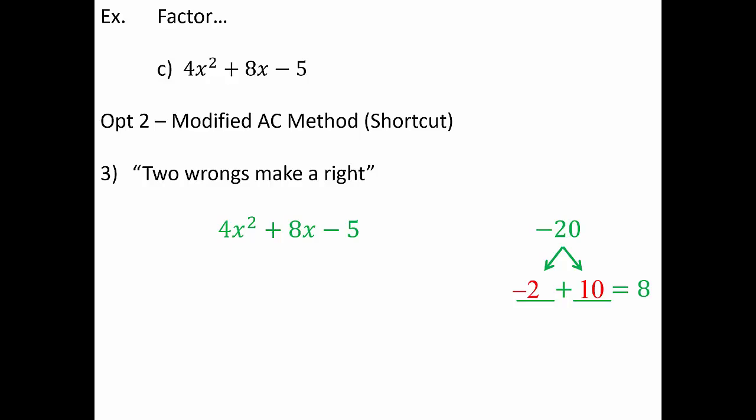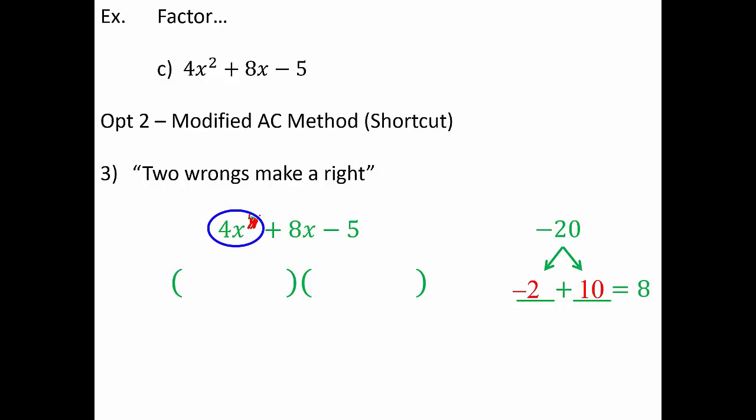Step 3, I like to call this 2 wrongs make a right. Because I'm factoring a quadratic trinomial, I know that my final answer is going to be a double bubble of 2 binomials. I know I'm going to be multiplying 2 factors of 2 terms apiece. So let's go straight to that double bubble. Now, I'm going to look at this 4x squared term first, and I'm going to ignore the square, and take the 4x on its own.